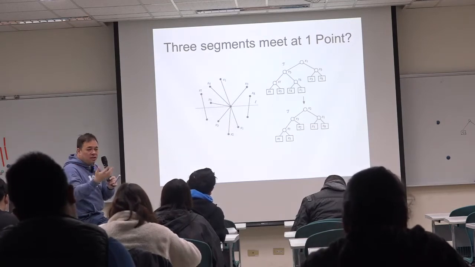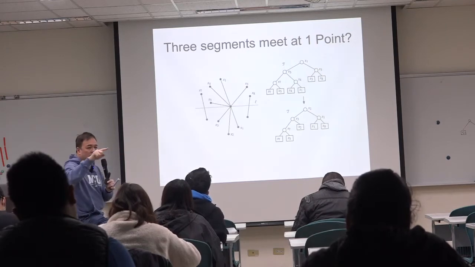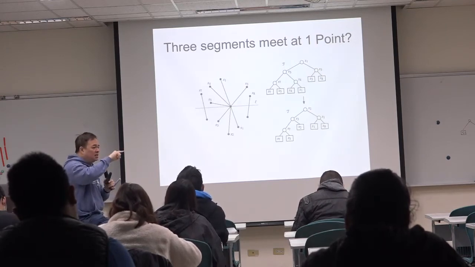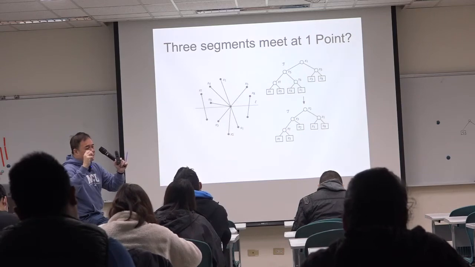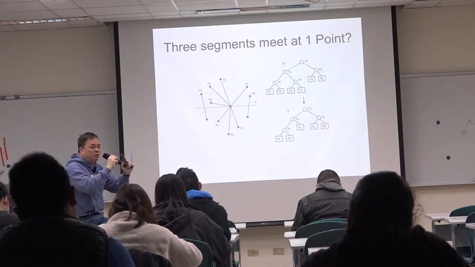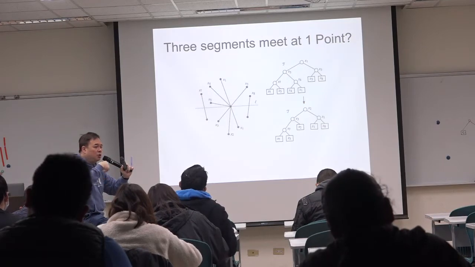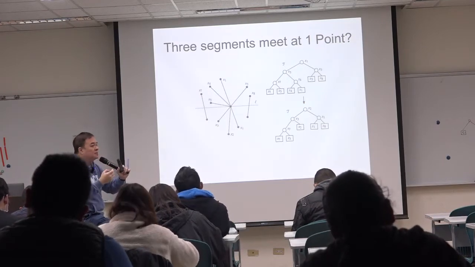This will also help to deal with the horizontal line segment, because in that case, one of the endpoints will have a smaller x coordinate value, right? So it will be considered first.